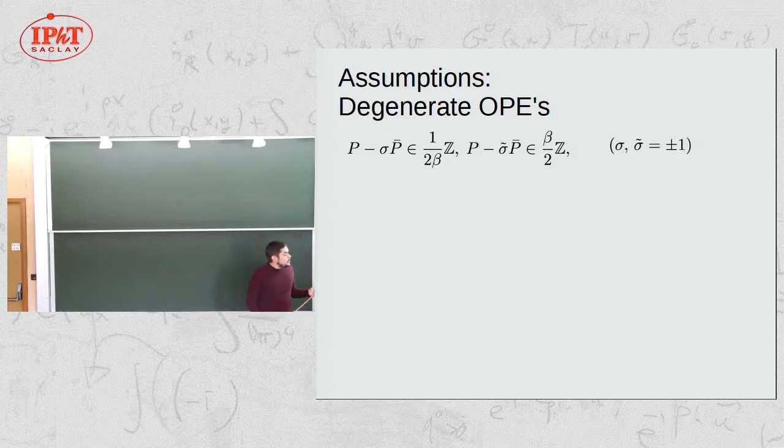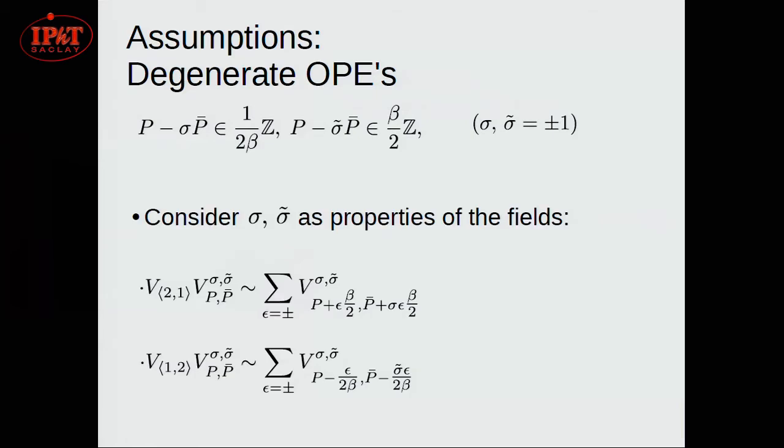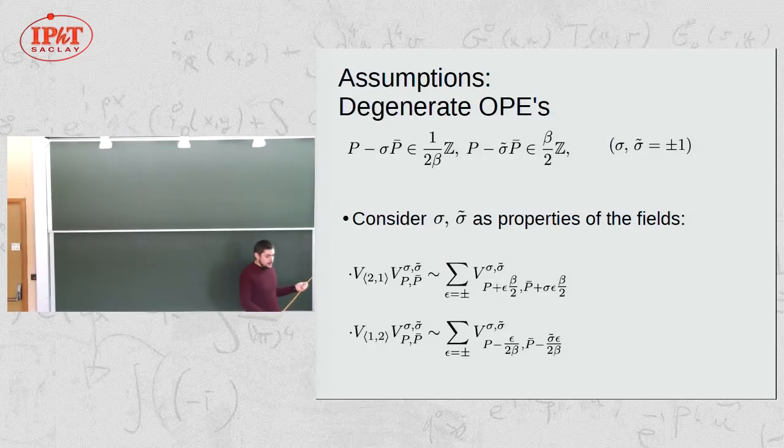And so for each field to have well-defined operator product expansion with the degenerate fields, we need these conditions to hold both at the same time, each for only 1 value of sigma and sigma tilde. Said in other words, we will consider that each field carries also the indices sigma and sigma tilde, which determine their OPEs with the degenerate fields in the following way.